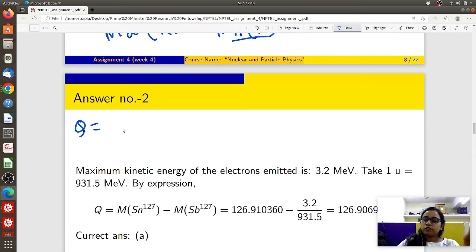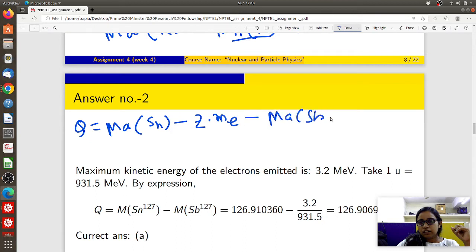Then the value will be Ma of Sn minus Z into Me, minus Ma of Sb minus, minus, plus (Z plus 1) into Me, minus Me. So this is the expression of Q in terms of atomic masses.